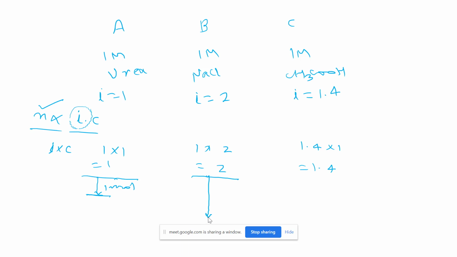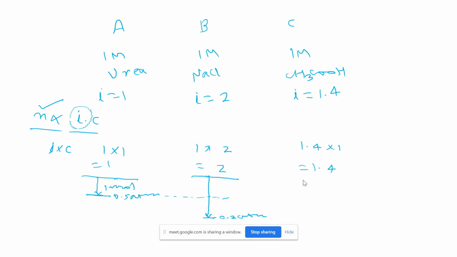Suppose this goes to this bottom, and the vapor pressure here is 0.5 atm. So is it less than 0.5 or more? Because this level is 0.5, it is less than 0.5. Let us say 0.2, but it is less than 0.5, it is clear.